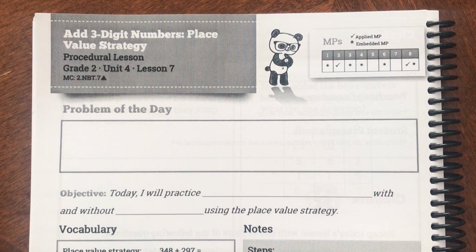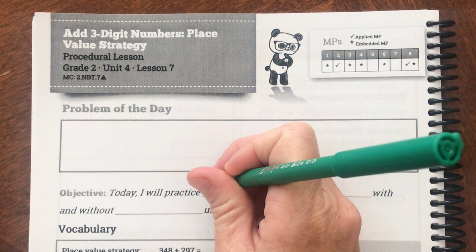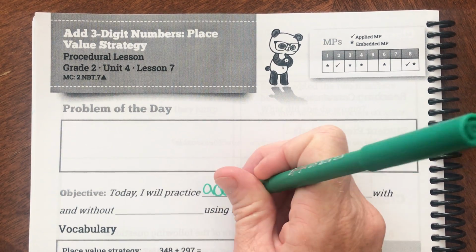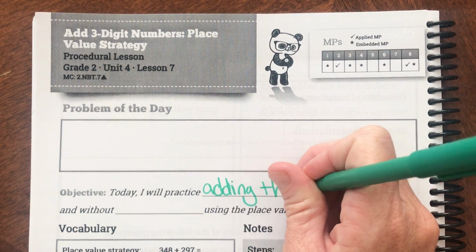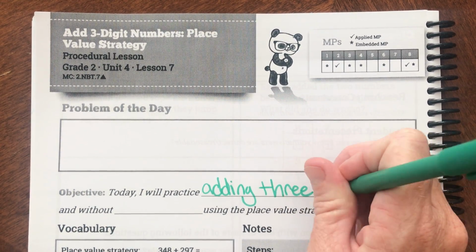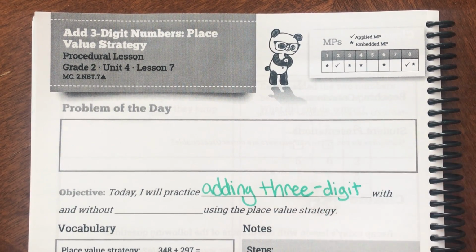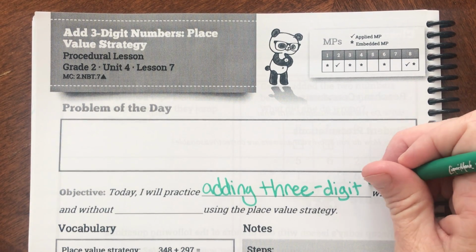And our objective today says, today I will practice adding 3-digit, and boys and girls, it's supposed to say 3-digit numbers.